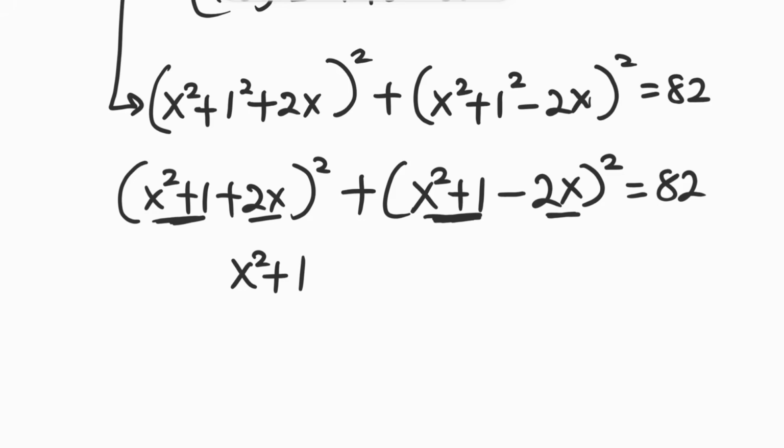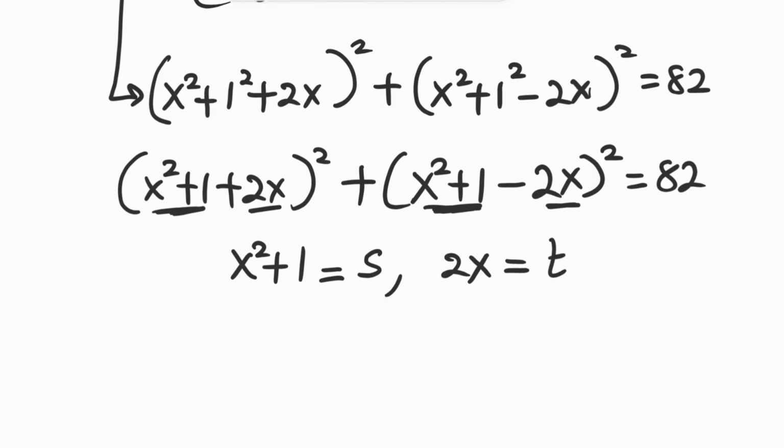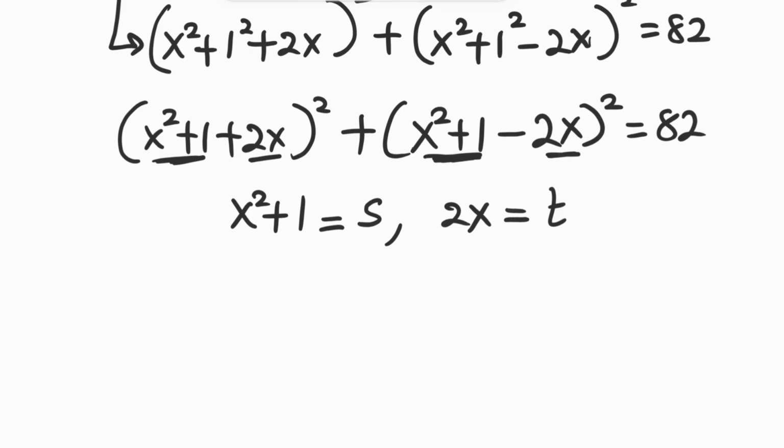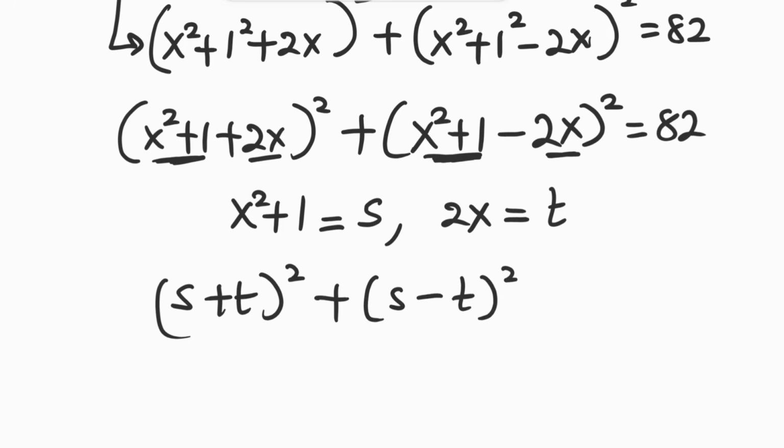So let x^2 + 1 be represented with the variable s, and let 2x be represented by the variable t. Now what we have becomes (s + t)^2 + (s - t)^2 = 82.